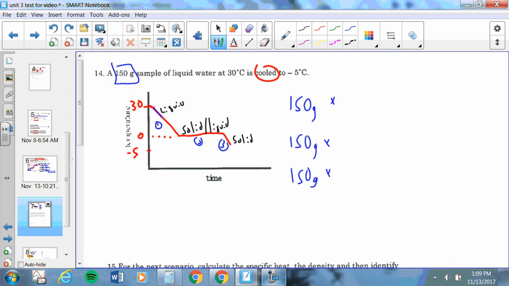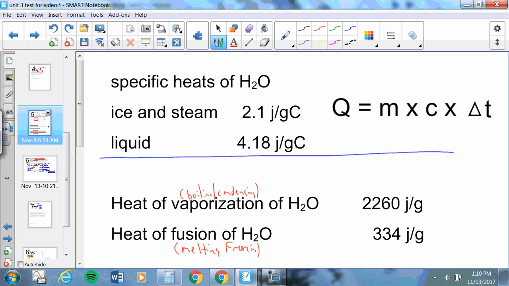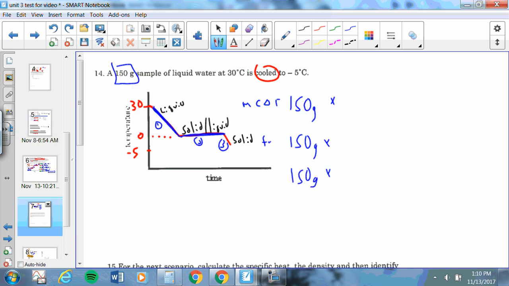If there's a slope, like right there, it's an MC delta T. If there's a flat spot, then it's a phase change, and it's going from liquid to solid. That name of that is called fusion for freezing. So this will be fusion.